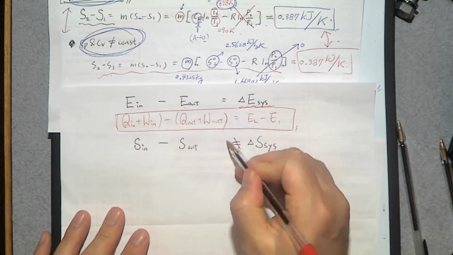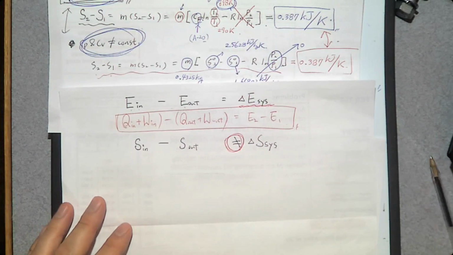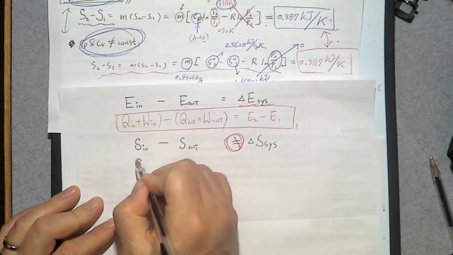So we cannot use this entropy balance equation. But one thing we know is entropy always increases. Then what if we take this entropy increase into this equation, then we can make an entropy balance equation.